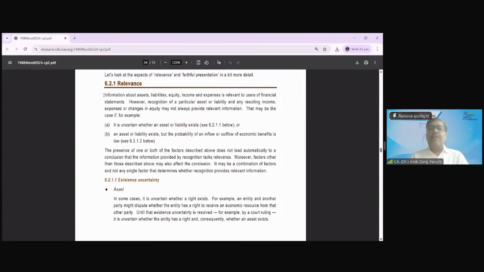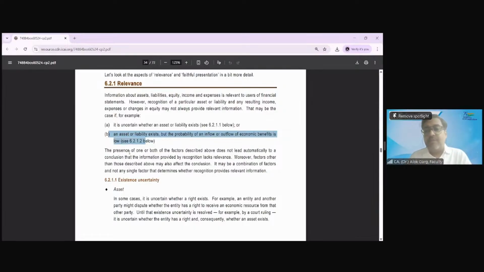So information about asset, liability, equity, income, and expense is relevant to the user of the financial statement. However, recognition of a particular asset or liability and any resulting income, expense, or changes in equity may not always provide relevant information. That may be the case. For example, it is uncertain whether an asset or liability exists, or an asset or liability exists, but the probability of inflow or outflow of economic benefit is low.